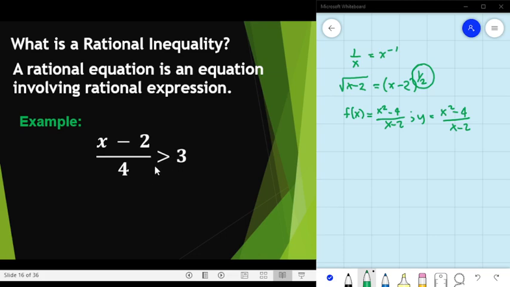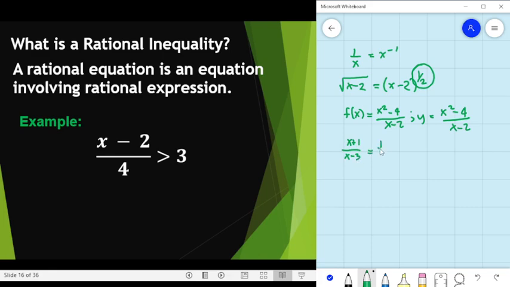But if we analyze carefully, it is actually similar to an equation. Our equation earlier was x plus 1 over x minus 3 is equal to 1/2, and now x minus 2 all over 4 is greater than 3. The difference is that they are similar expressions but with different symbols.